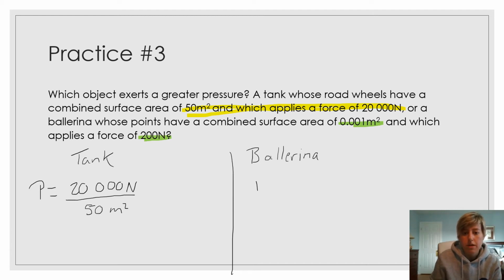Our ballerina, our pressure is going to be equal to 200 newtons divided by our surface area of 0.001 meters squared.